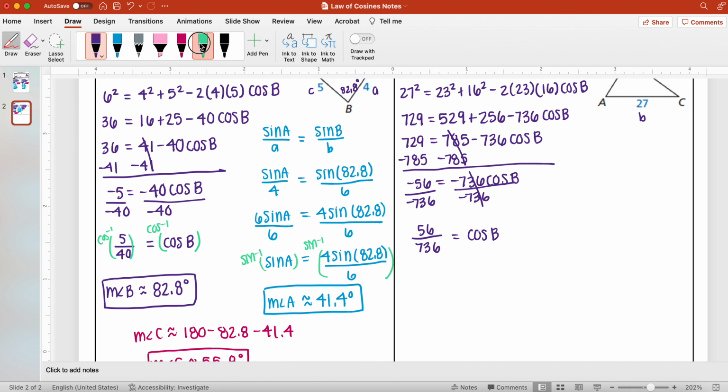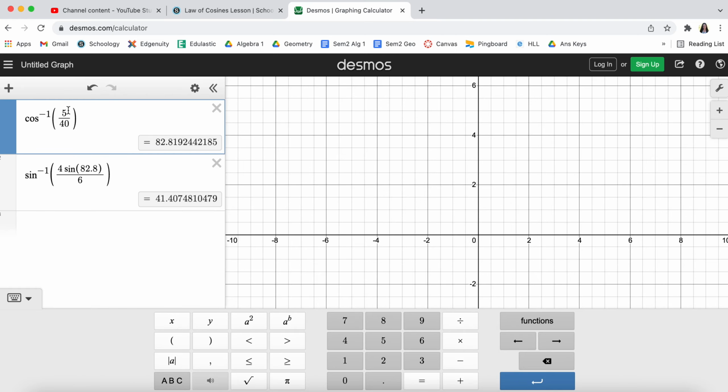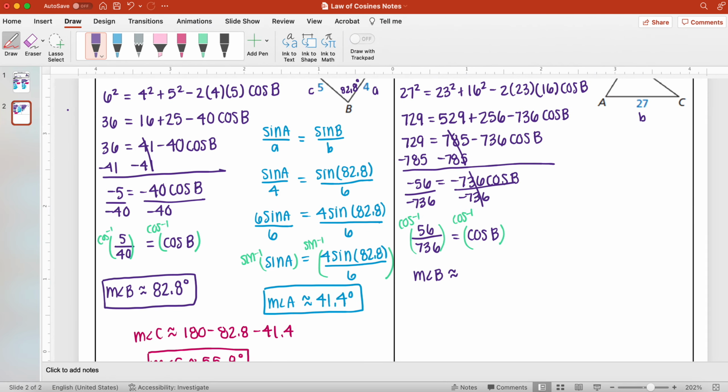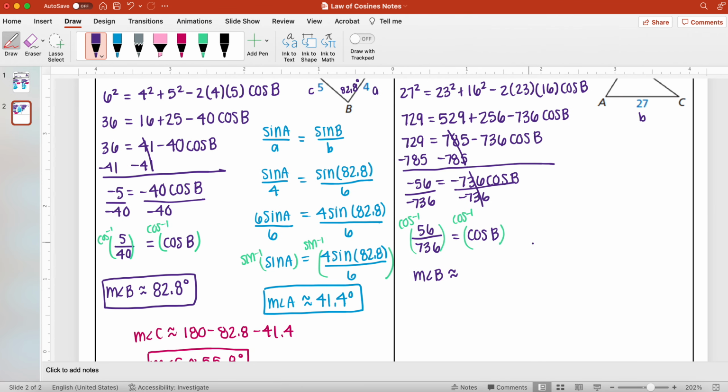And now to get angle B by itself, I need to take the inverse cosine on both sides. And so I get the measure of angle B is approximately 56 over 736 inverse cosine, which gets me 85.6 degrees.